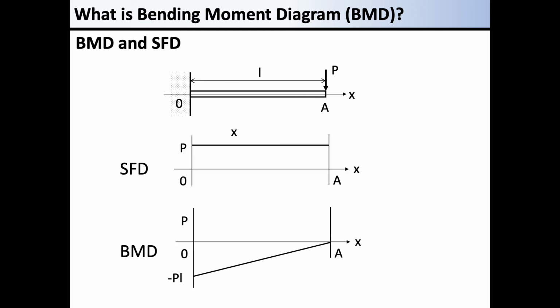Please remember the BMD together with the SFD mentioned before. The BMD of the beam in this problem is a linear function. A beam fixed at one side and loaded on the other side, like the beam in this problem, is called a cantilever beam.